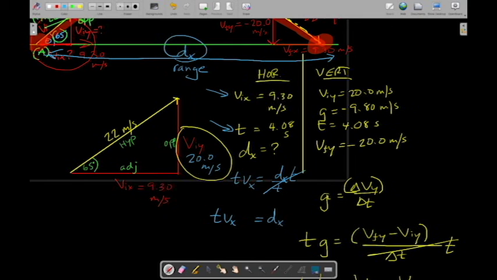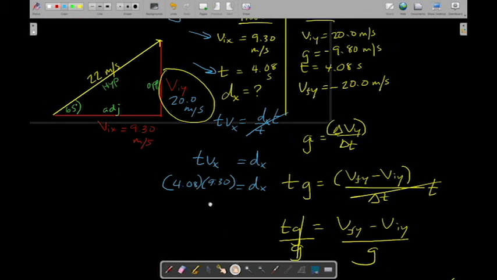All right, so we're going to go ahead and plug in our values. So d sub x is time, which is 4.08 seconds, times our v sub x, which is 9.30 meters per second. Since we know our values, we're going to go ahead and solve it right now. So we'll just take our calculator out and multiply that.